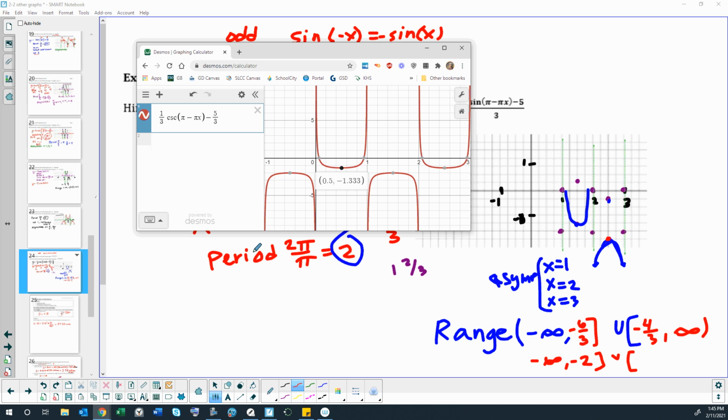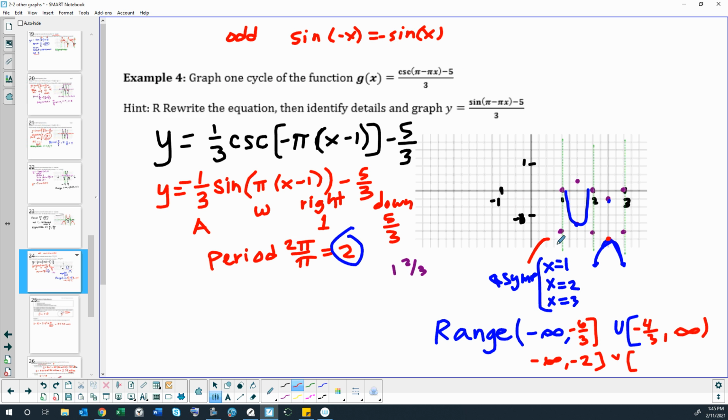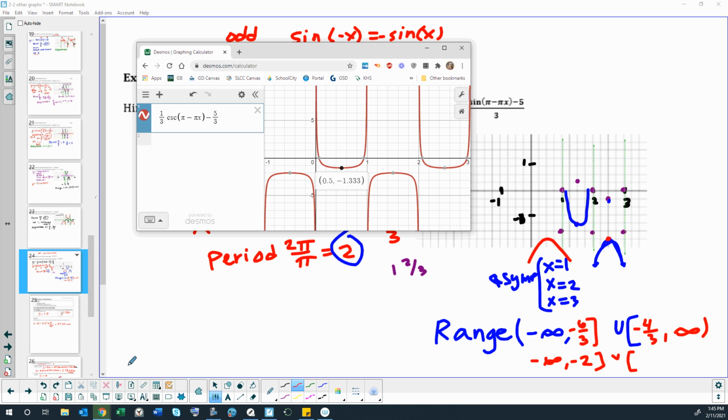If I moved this to the right, there wouldn't be a piece there. It would have been down here. And then down 5/3. Maybe again I need to look at Desmos closer and figure out what the discrepancy is here.